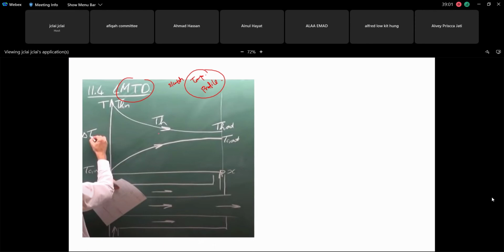This is actually especially important for 1-1 type and also double pipe heat exchanger. You must draw the temperature profile, and the direction of the flow is very important.